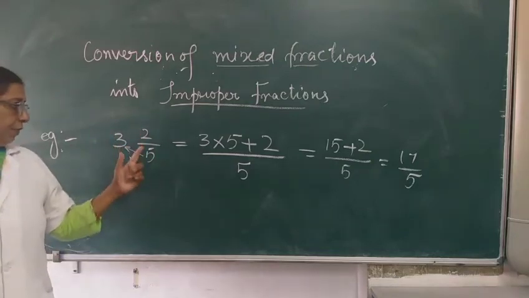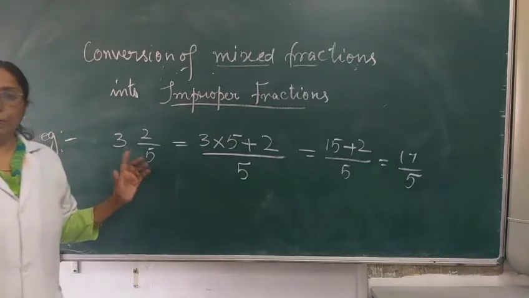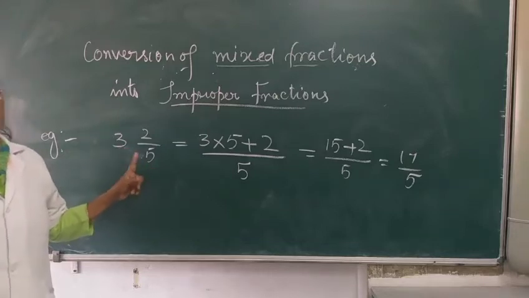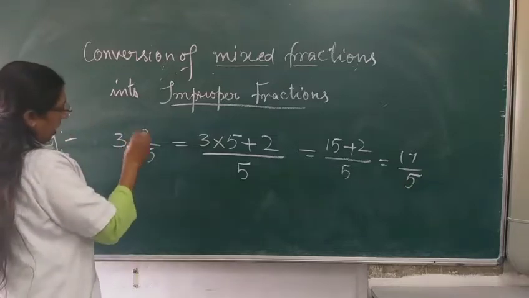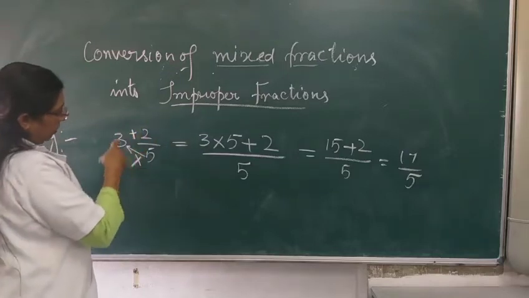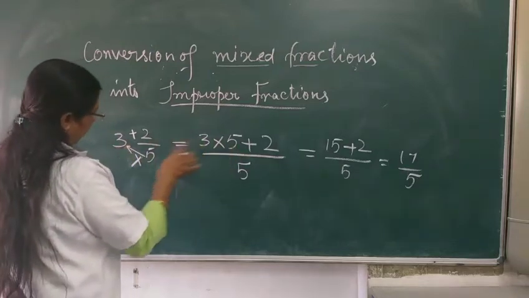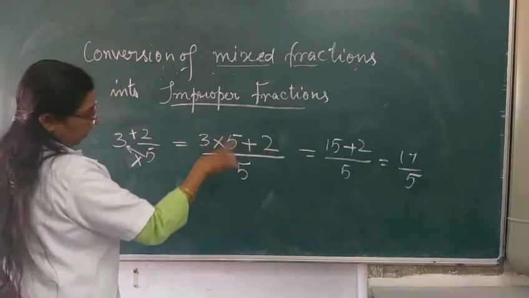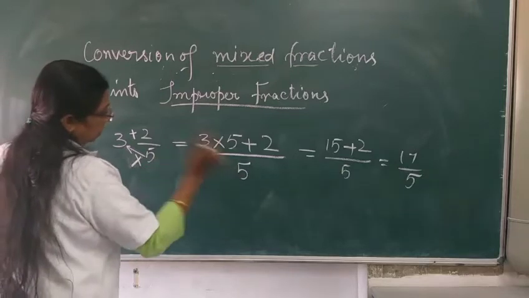Okay, children, 3 2 by 5 is the mixed fraction. To convert this into an improper fraction, first you multiply the whole number and the denominator, 3 into 5, and add the numerator to this product and write the denominator the same.